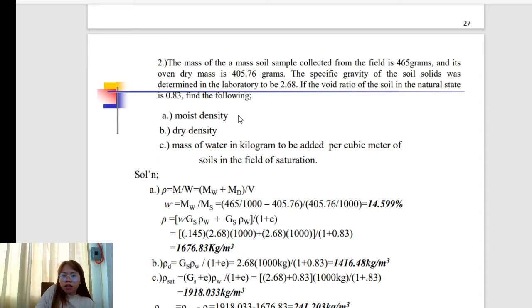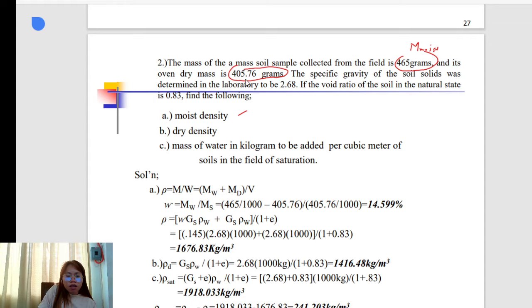So first, we are required to determine the moist density. So we have the mass of soil, this is the moist. No, this one. And its oven dry mass, meaning it is dry, the mass is only 405.76 grams.